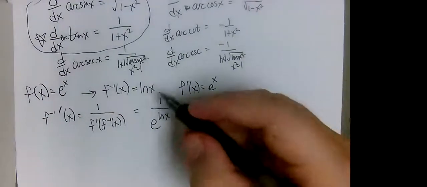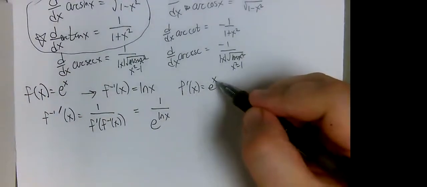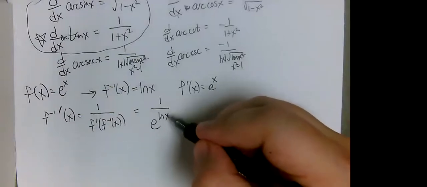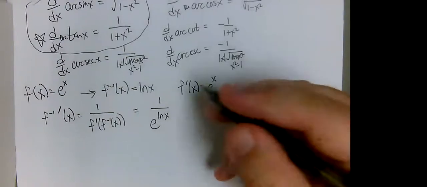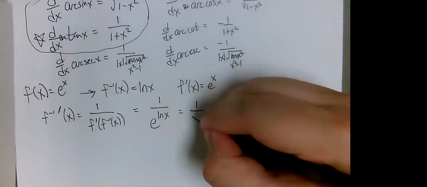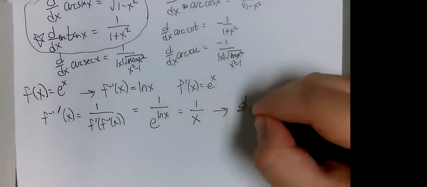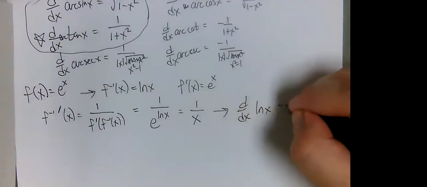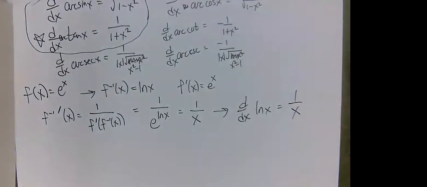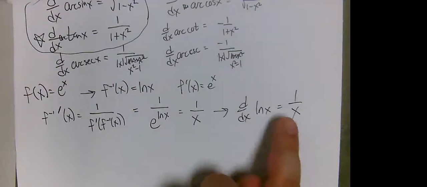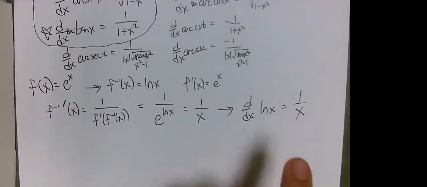Now, the thing is that I'm plugging natural log into its inverse function. e to the ln of x, those will cancel out because they're inverse functions. So we end up with just 1 over x. So this goes to show you that the derivative of ln of x is simply 1 over x. And interestingly enough, this doesn't have anything to do with e in here. It's just 1 over x.